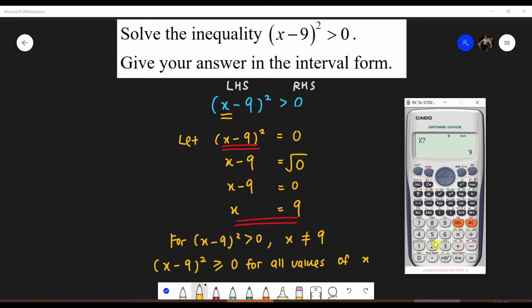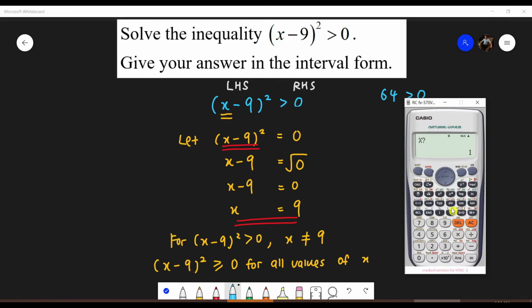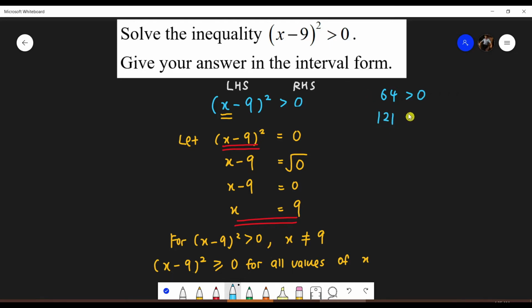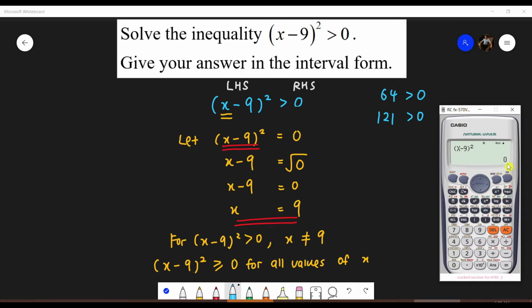Let's say if x = 1, I will get 64. So 64 is greater than 0. I write it down. Next, if I try x = -2, what happens? I will get 121. So 121 is still greater than 0. Then we can try another number, let's say x = 9. What happens? Yes, we will get 0.